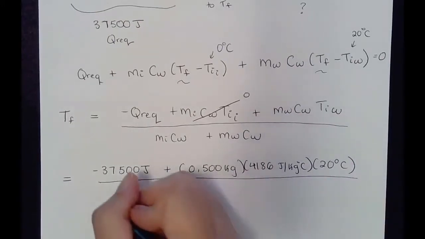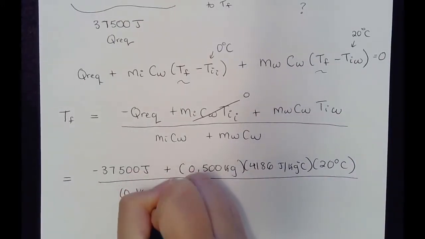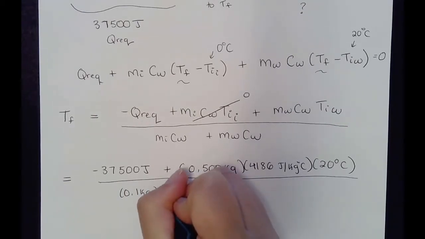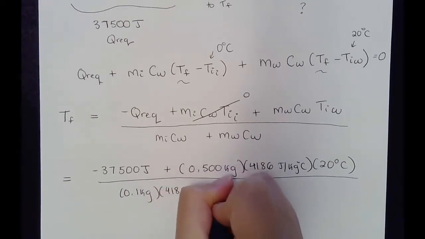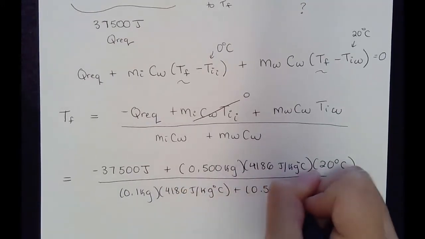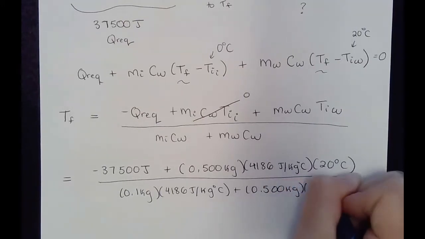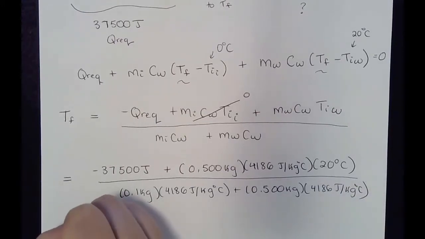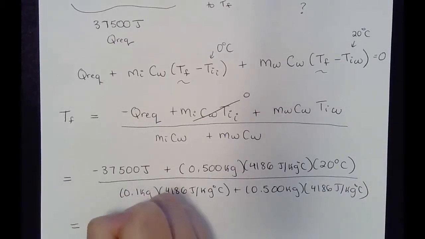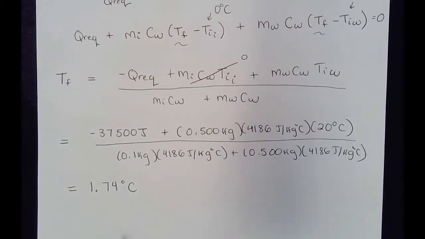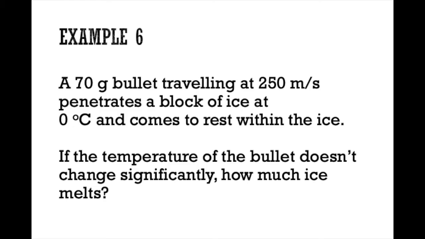And that's over our mass of ice, 0.1 kilograms, times 4,186 joules per kilogram degrees Celsius, plus 0.5 times the same constant. We could have combined that. Okay, and that gives me 1.74 degrees Celsius, which makes sense. So there was a little bit of energy left over, which went into warming the ice up to this final temperature, if you want to think about it like that.